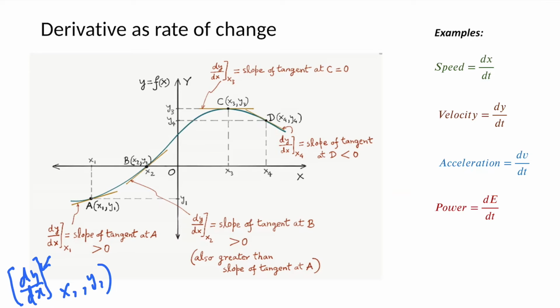So, the power, you probably also know, is the rate of change of the energy use with respect to time. Here E denotes energy used or energy generated, depending on the context.